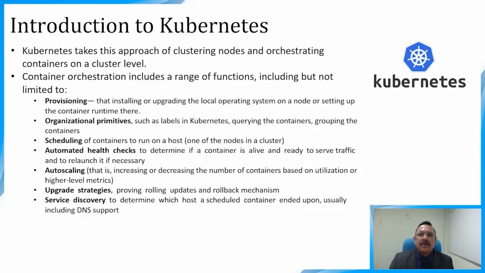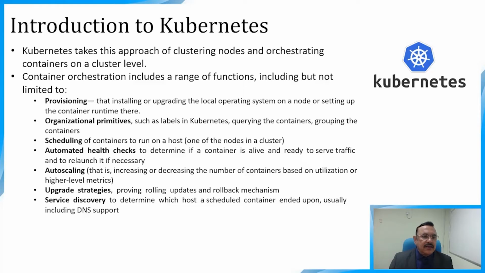Let us understand these terms in more detail. Provisioning is installing or upgrading the local operating system on a node or setting up the container runtime there. Organizational primitives, such as labels in Kubernetes, are for querying and grouping the containers. Scheduling is running containers on the hosts, that is, on the nodes of a cluster. Automated health checks determine if a container is alive and ready to serve traffic, and relaunch it if necessary.